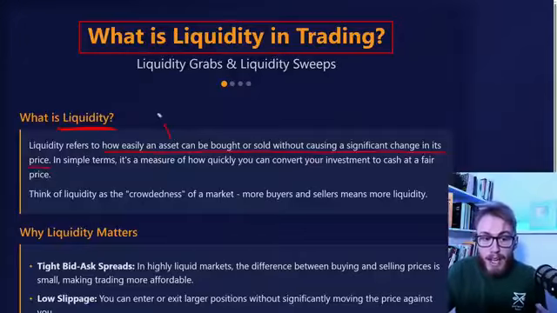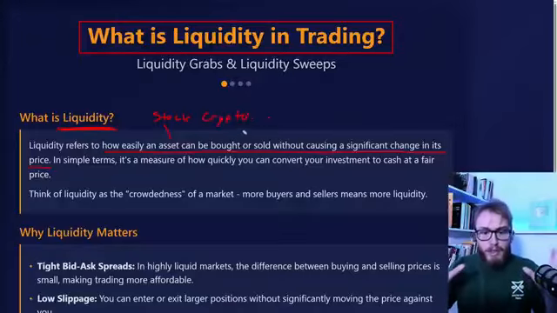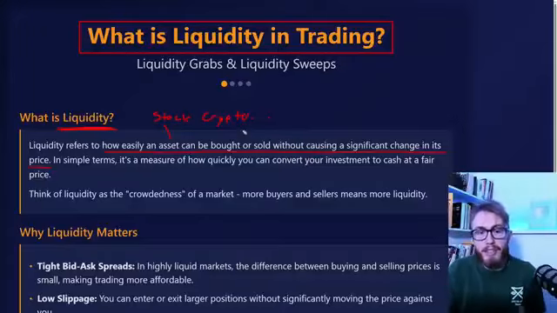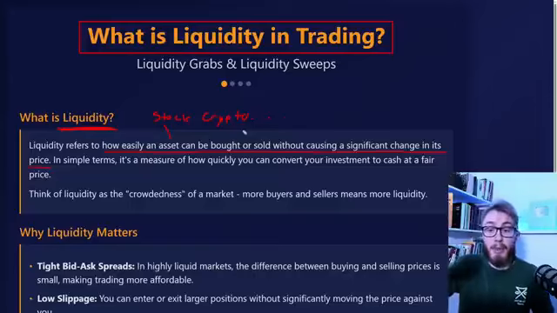And when I talk about asset, this can be anything from stocks, cryptocurrencies, forex pairs, and so on and so on. And something that is high liquidity is something that you can sell right away. It's easy to sell and you won't really affect the market. Think of things like, for example, Bitcoin or a large stock or a common forex pair.